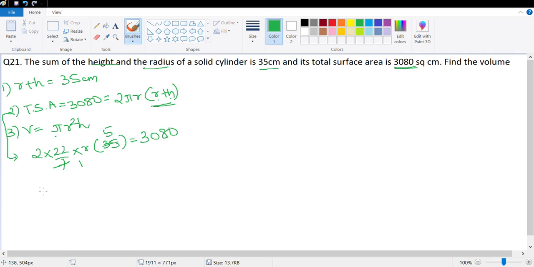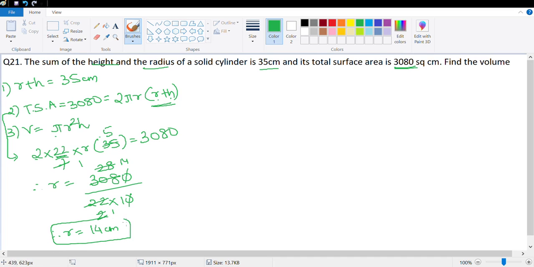So, therefore r is equal to 3080 upon 22 into 10. Right, that's 22, 2 into 5 is 10. This 10 gets cancelled. 11 into 2, that's 22, 28, 2 into 14. Therefore, r is equal to 14 centimeter.